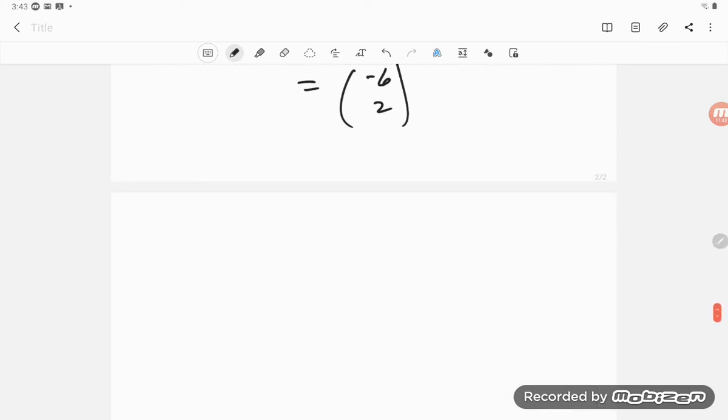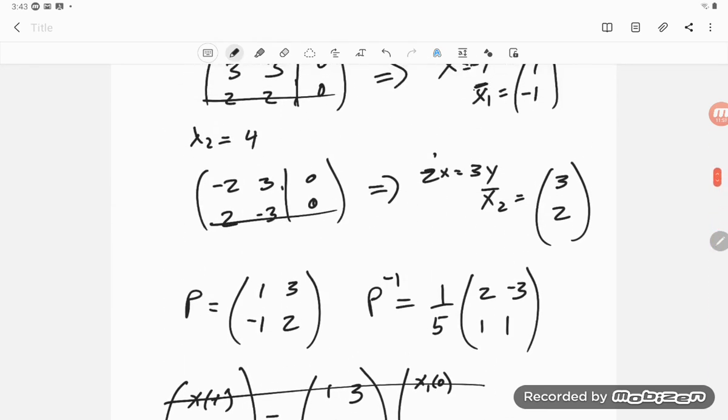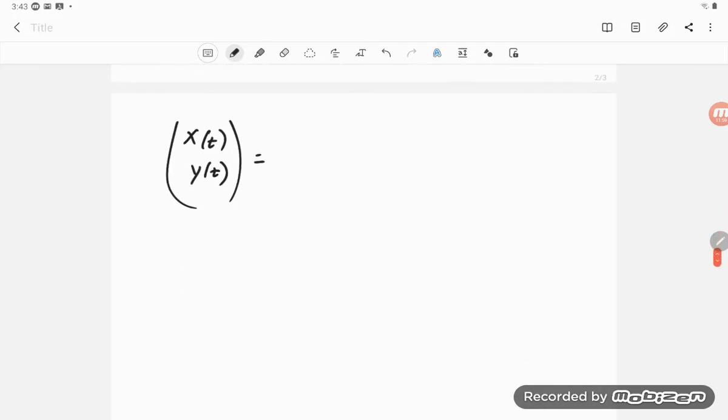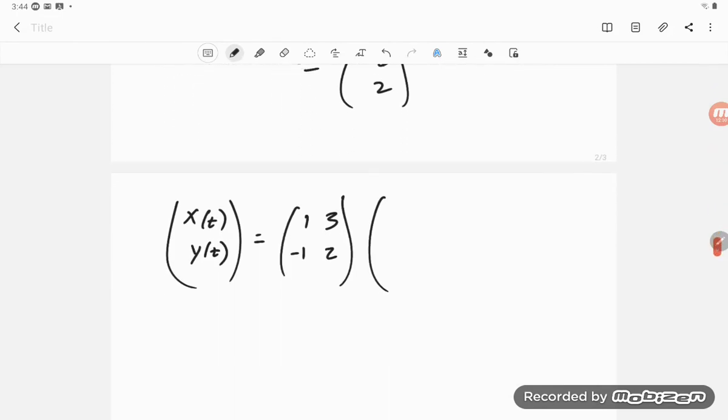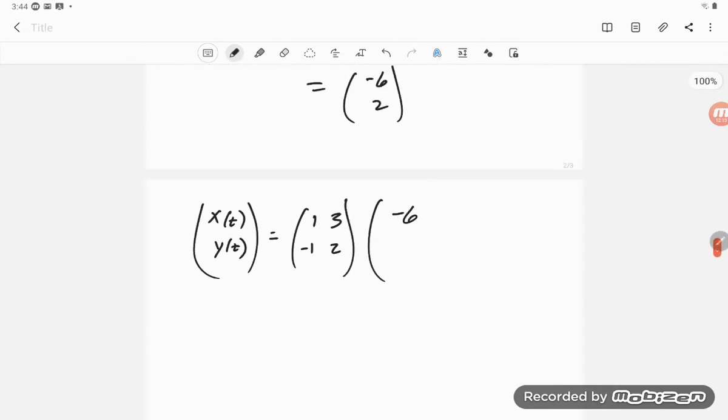Now I'll go ahead and do that last step of x of t, y of t is equal to P. So that was, I crossed that out, 1, 3, -1, 2, times my x of 0, which was -6 e to the lambda 1 t, so lambda 1 was -1, e to the negative t there.